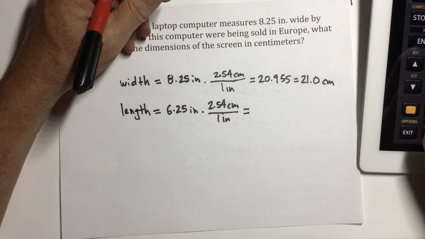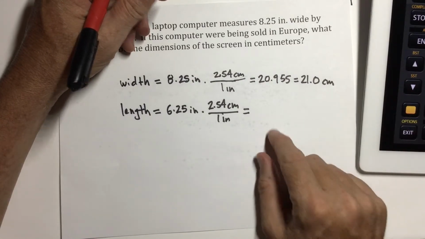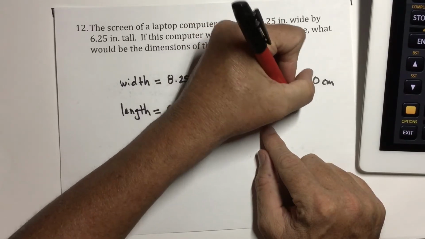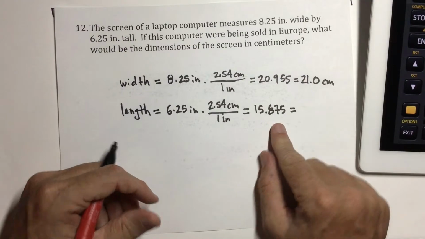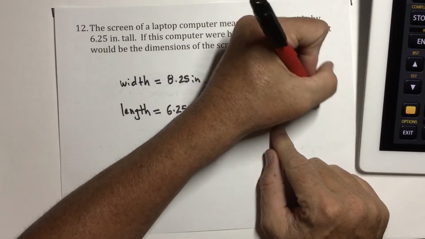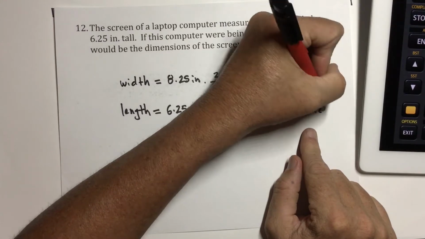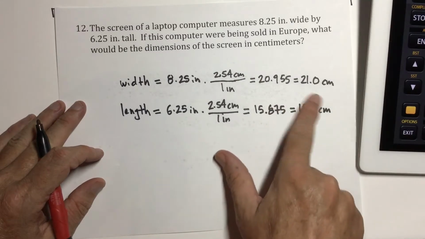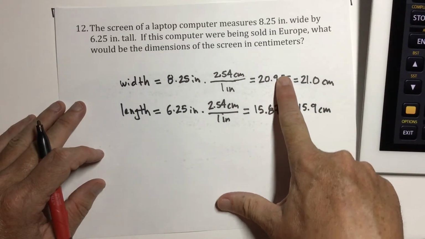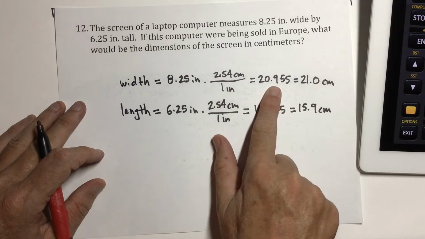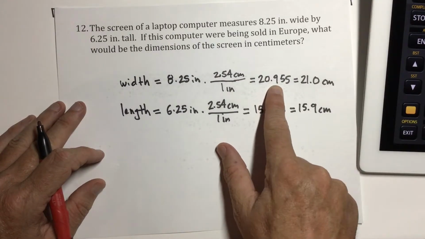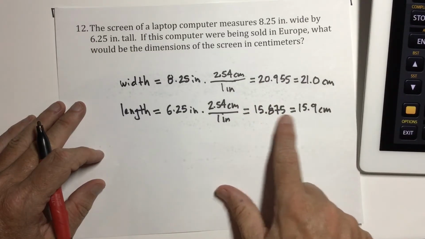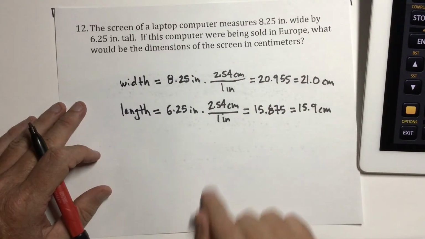So 6.25 times 2.54 comes out to 15.875, which, when we allow for sig figs, is going to be 15.9 centimeters. There you go. Sig figs are a little tricky on that rounding. We have to stop here, so we'd round that up, but rounding up takes it to 10, which means I have to round that up. Here, we want 3 sig figs, so we have to round that up, and rounding that just takes us to 9. So we're good there.